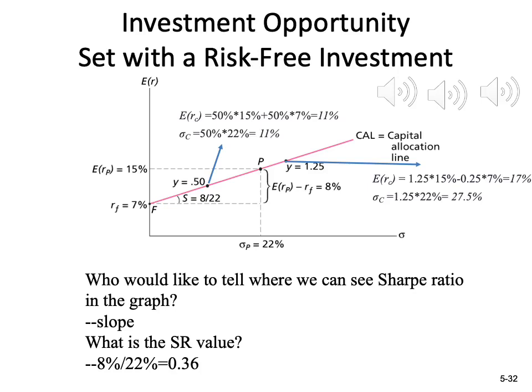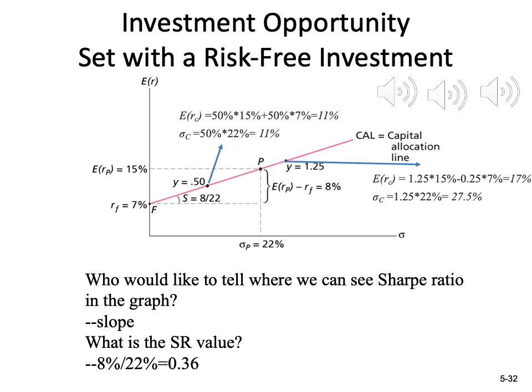It is exactly the 15% return from the risky portfolio minus the 7% risk-free asset return. The distance between the risky portfolio and the risk-free asset, which is 8%, divided by sigma p, 22%. So 8 over 22. The slope of the capital allocation line is exactly our Sharpe ratio, as shown in the picture.